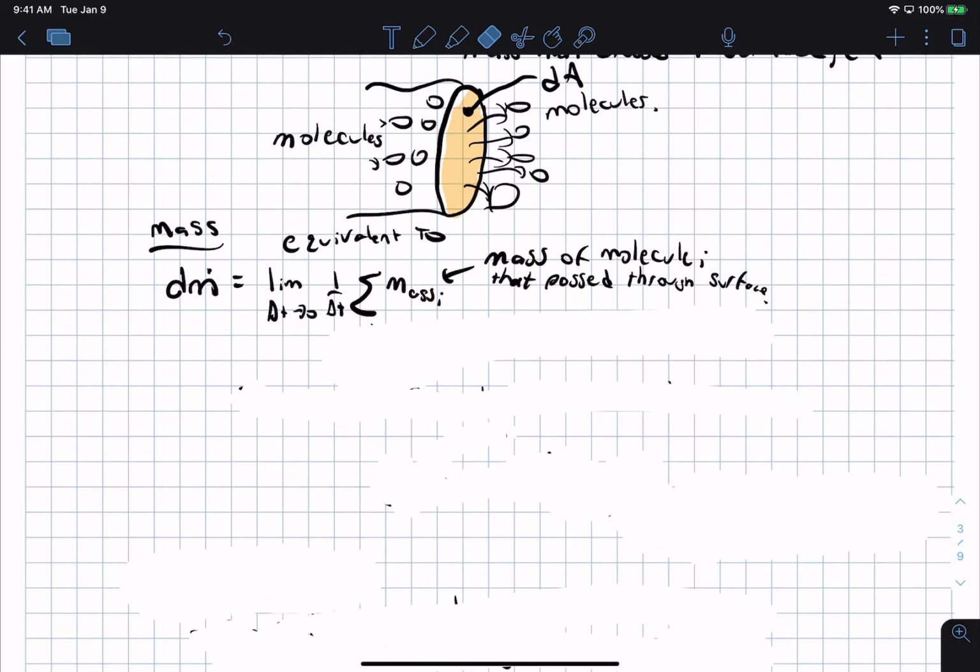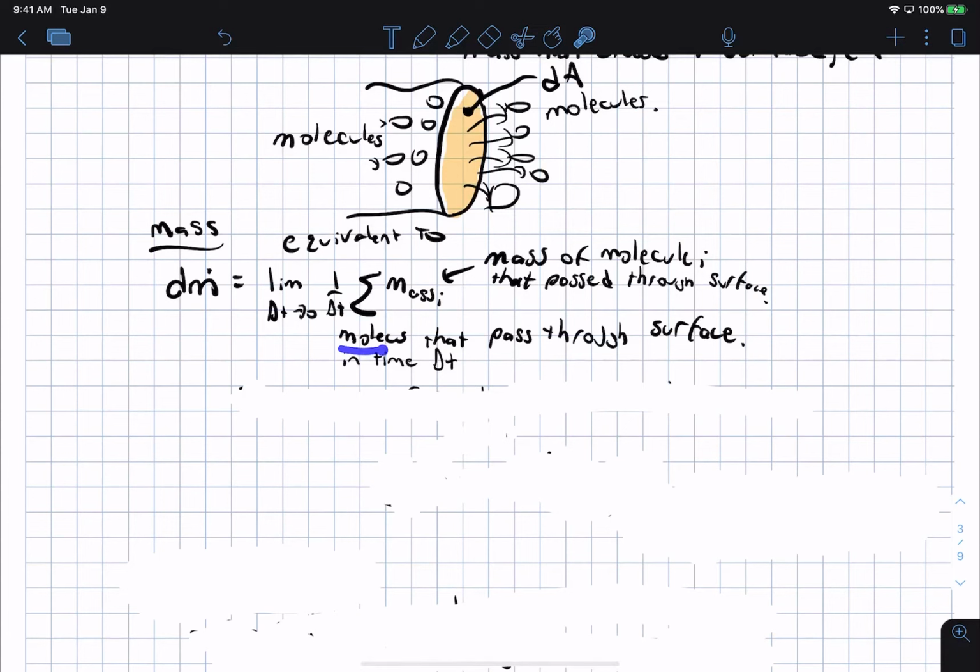And we can simplify this. Since I'm being very hand wavy here, this is again the mass of all the molecules that pass through the surface in time delta t.